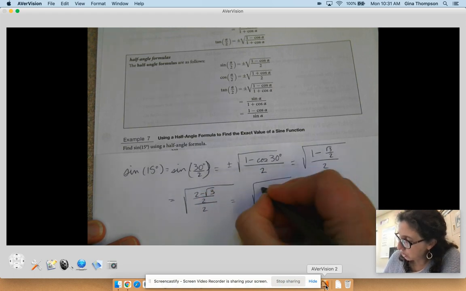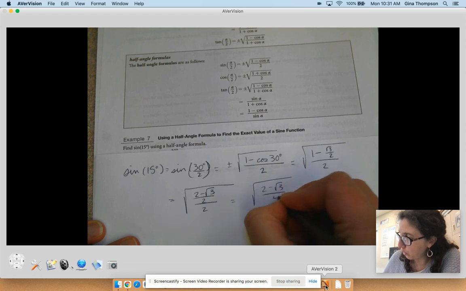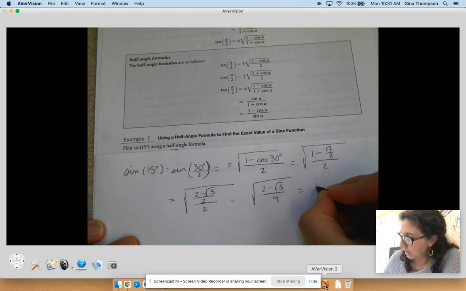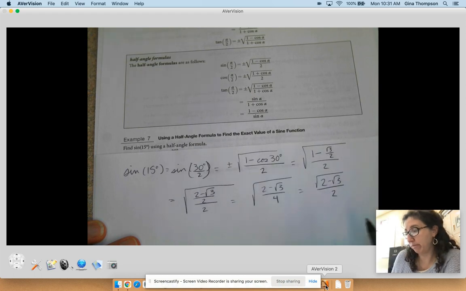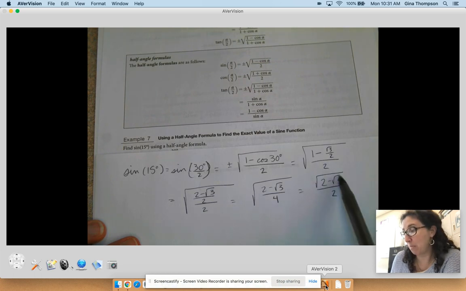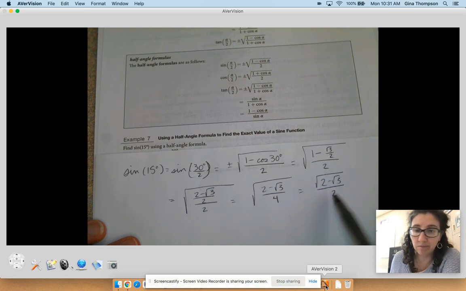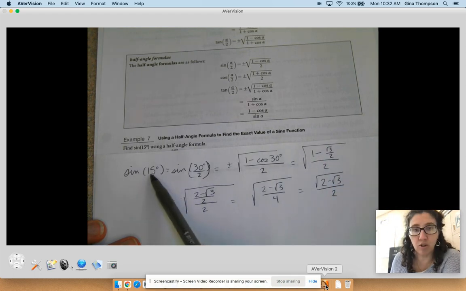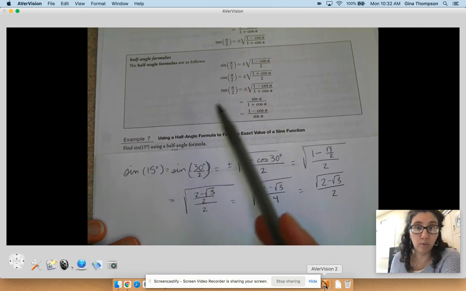So this is going to be 2 minus the square root of 3 all over 4. We could write this as square root of 2 minus the square root of 3 all over 2. Really, any of these are right. This is probably the best way to present your answer, but this would also be correct. The key here is just thinking, 15 degrees is one of my reference angles divided by 2, so I can use a half-angle formula to find it.